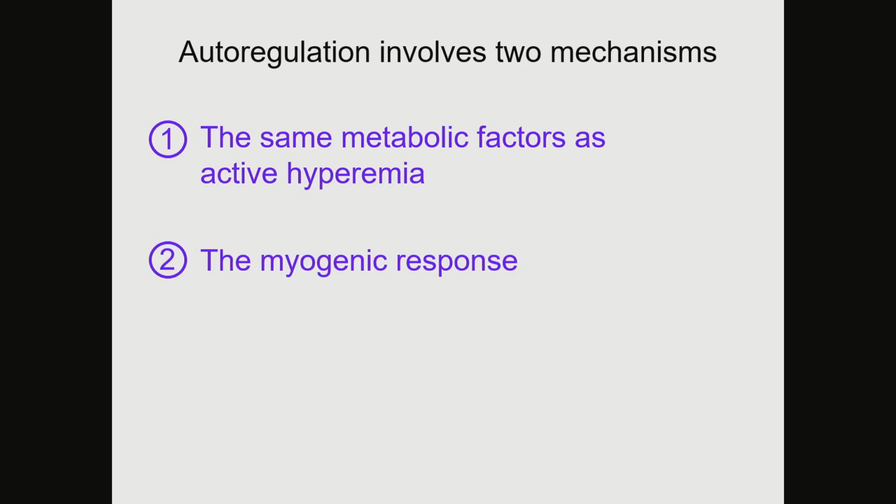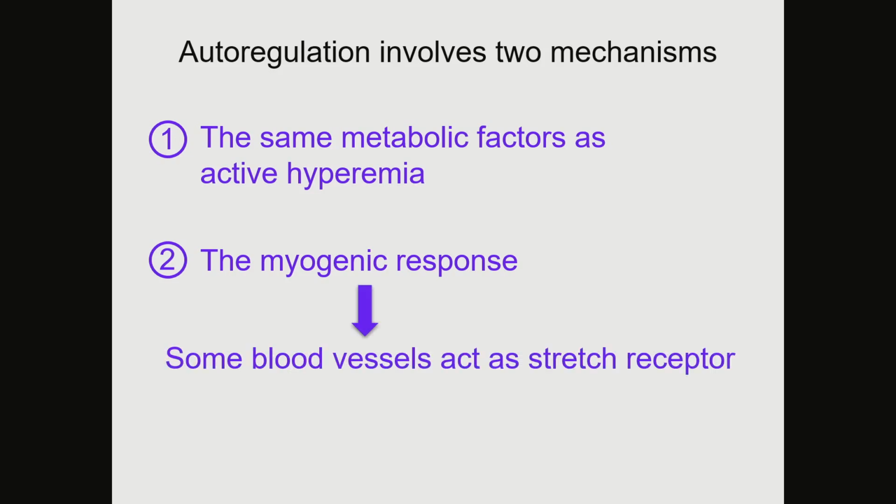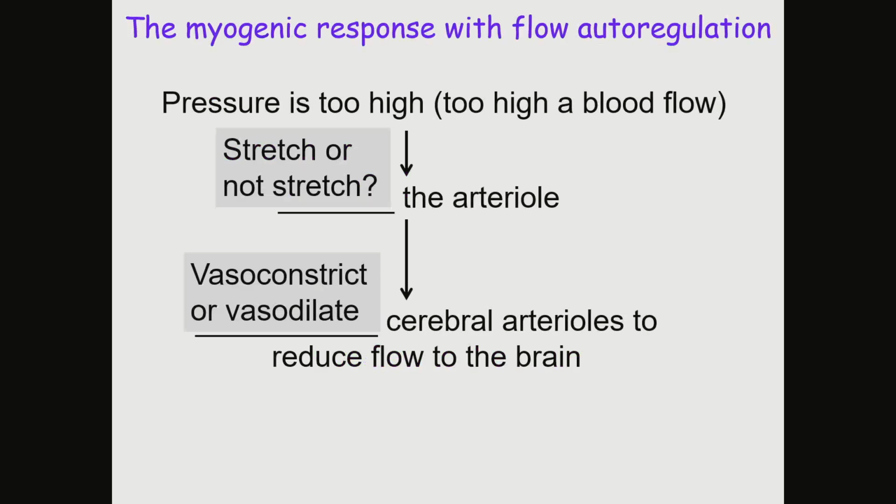But then there's also something called the myogenic response, and some blood vessels act as a stretch receptor. And what I like to think about is, say pressure is too high, so I'm switching over now to pressure being too high, and blood flow to, we'll just say the brain, is too high, okay?